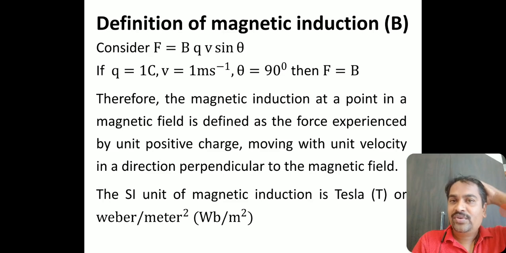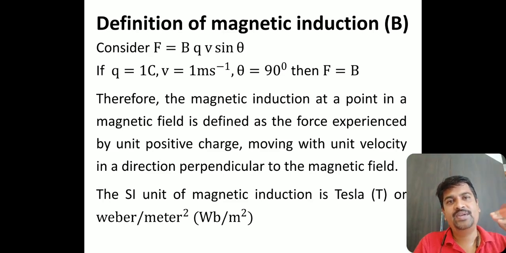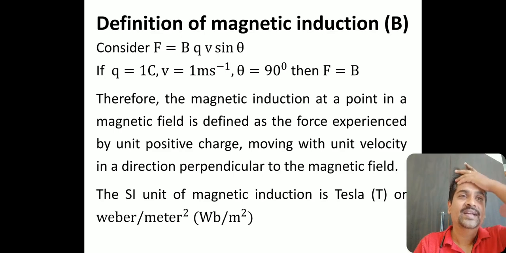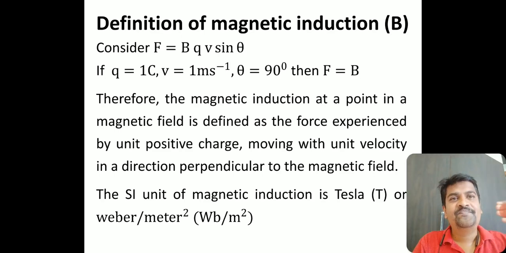So after knowing the magnitude of force, which is Bqv sin theta, and the direction of force, which is given by Fleming's left hand rule, now with the same equation I am trying to define what magnetic induction, what magnetic field is. Take that equation, the force Bqv sin theta.